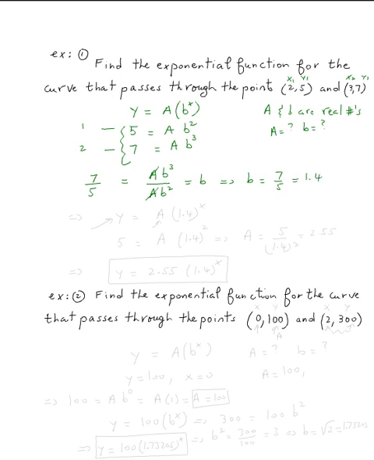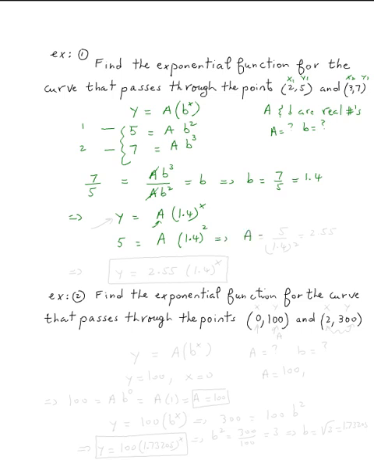So let's plug that in. Now we know that y is equal to a times 1.4 to the x. Now the only thing we need to find is a. How do we find a? Just plug in any point. Let's plug in the easiest one, (2, 5). Y is 5 when x is 2.